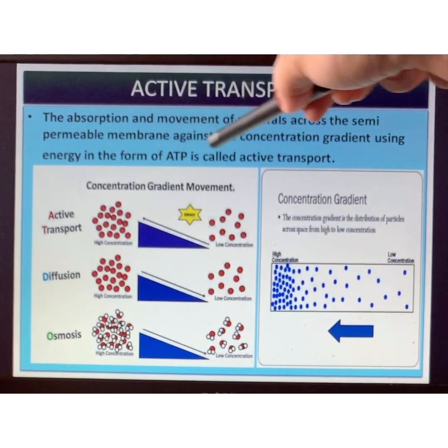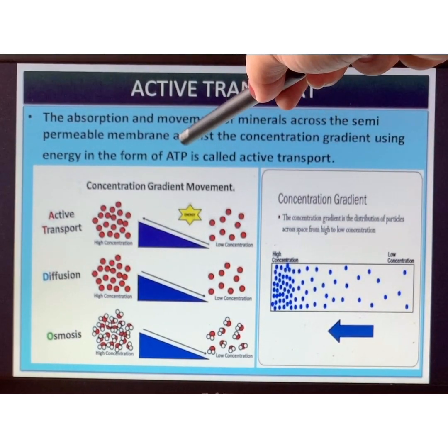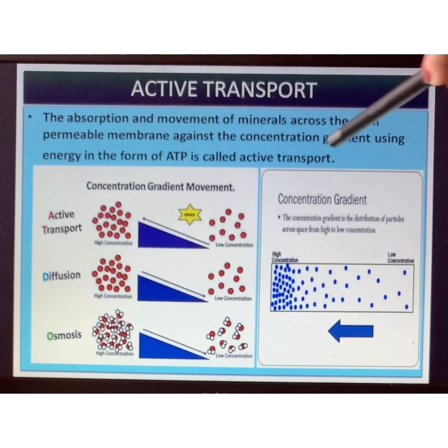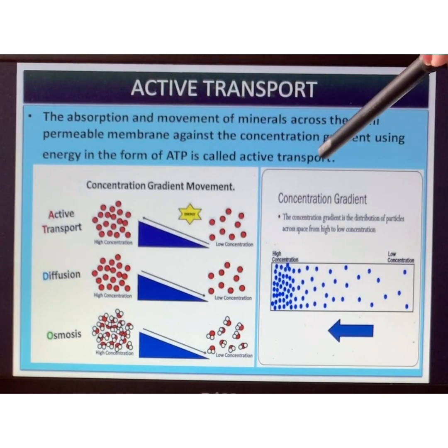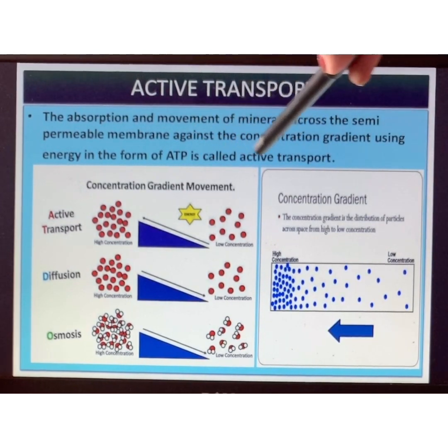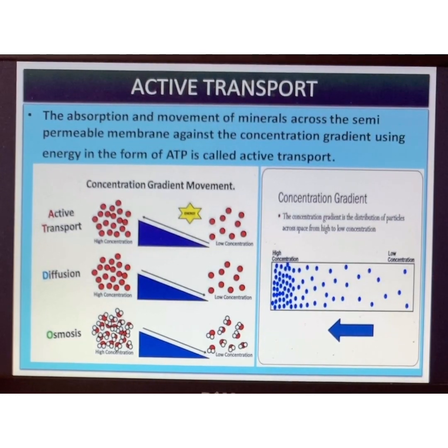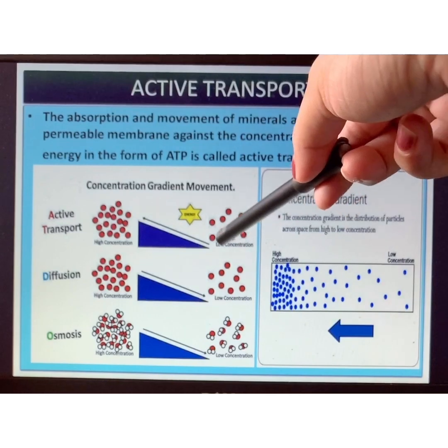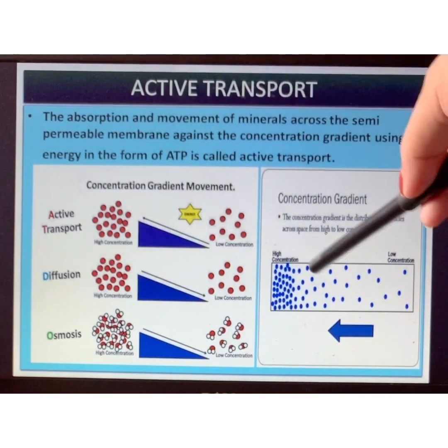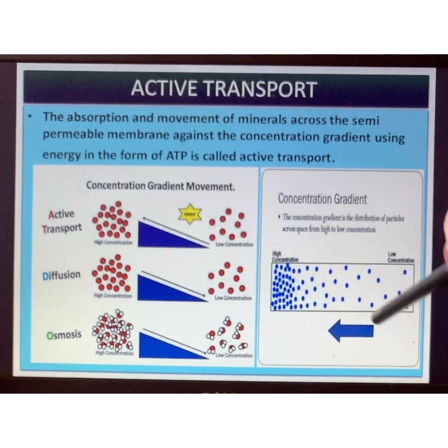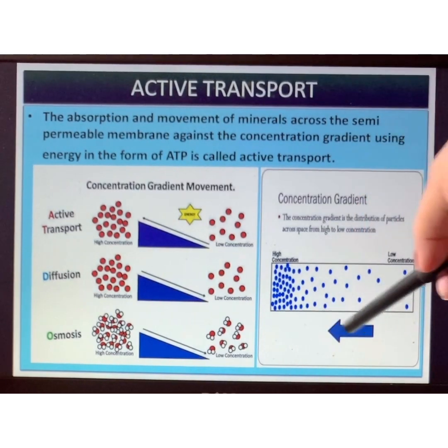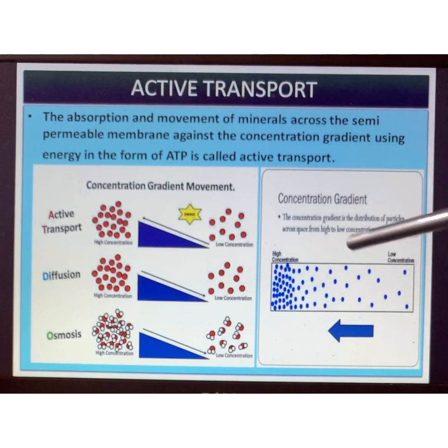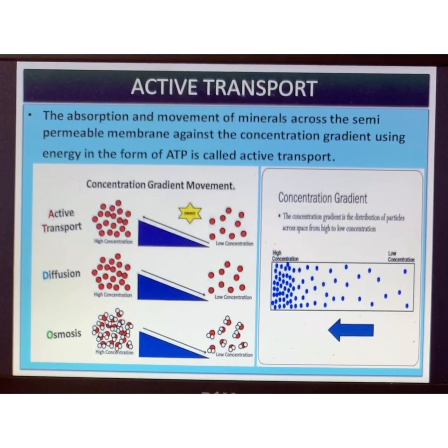Now here the line says against the concentration gradient. Now when it says against the concentration gradient, it means the movement is going uphill, right? The movement is happening from an area of lower concentration to an area of higher concentration. You can see that the movement is happening towards higher concentration.